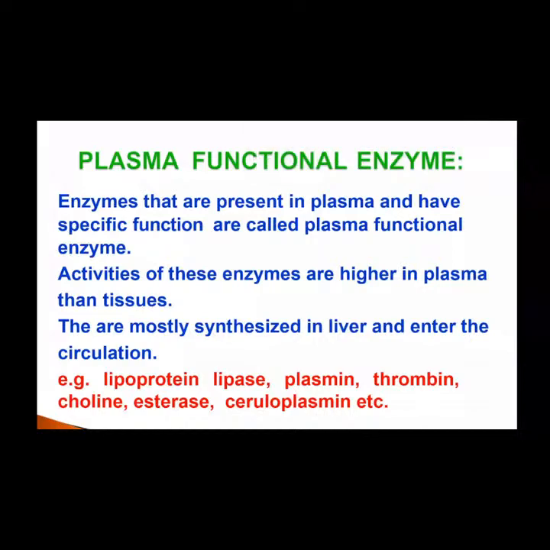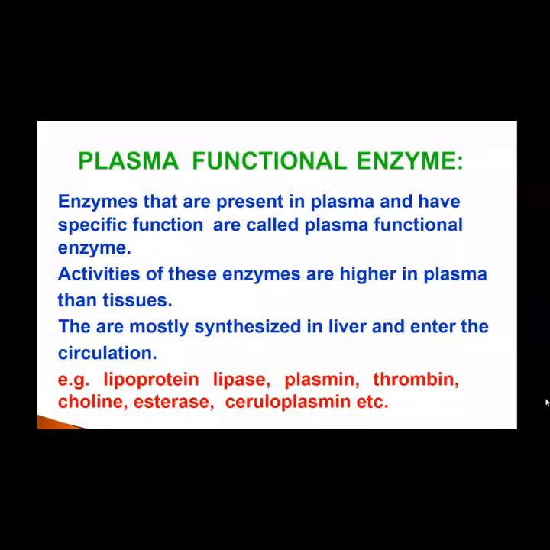Without anticoagulant, after collecting the blood and centrifugation, we get the liquid called serum, right? So serum is without anticoagulant, and plasma is with anticoagulant. Now I think you understand plasma and serum, right?